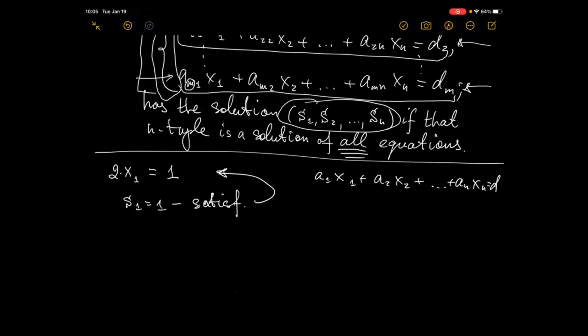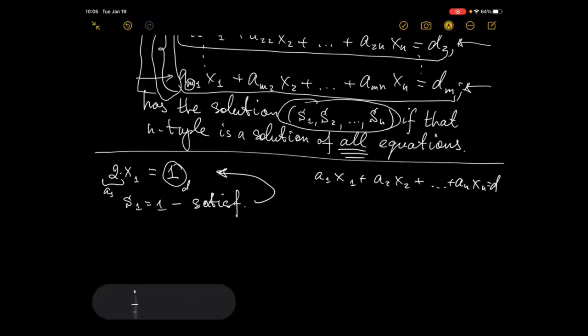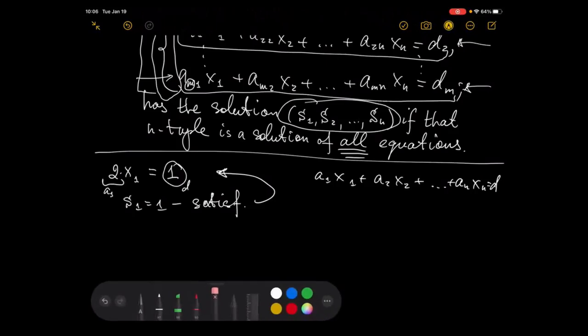In this case, d is equal to 1, and the number of variables is also 1. And this is my a1, and this is my d. So in such a case, what will be the solution? s1 equals 1/2. Exactly, that easy.